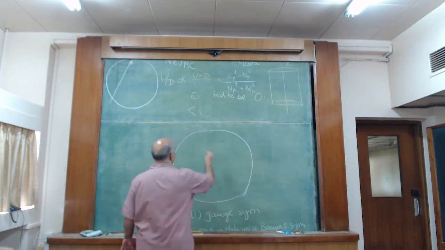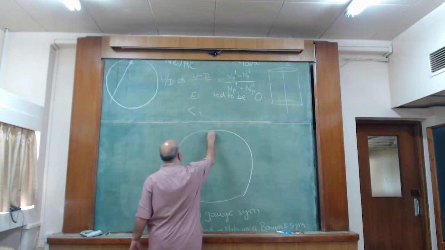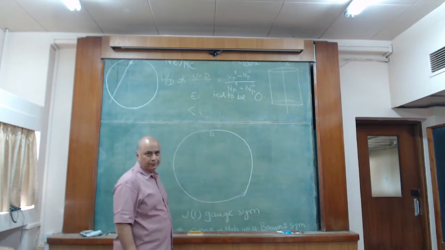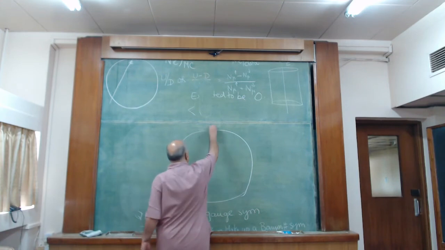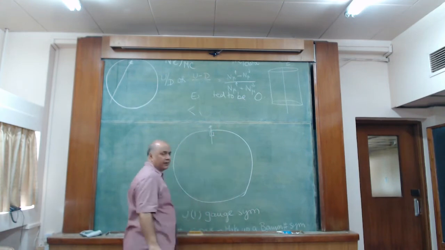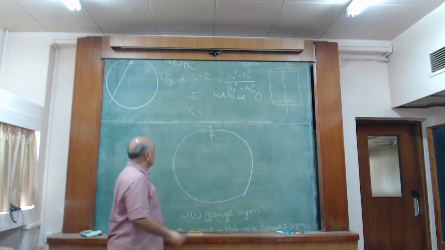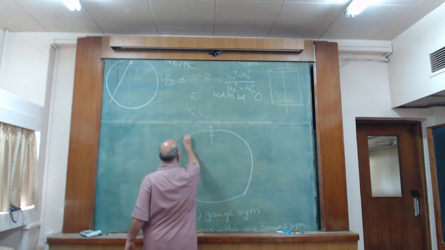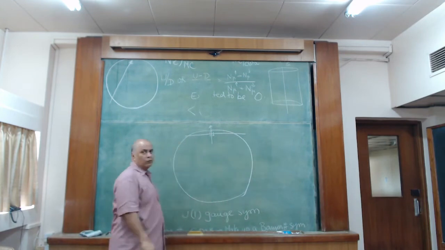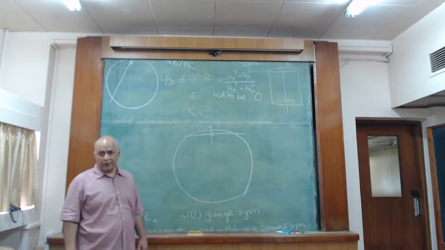You look at the center of the detector, and this is the vertical axis of the detector, and this is the so-called equatorial plane of the detector.